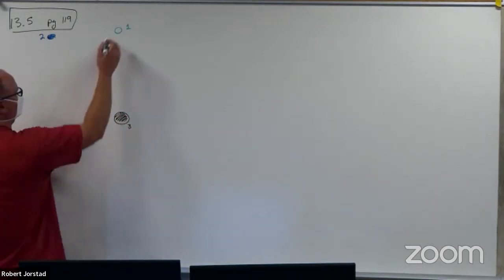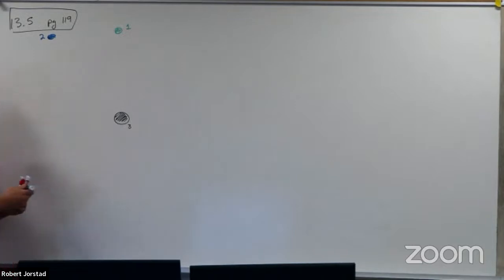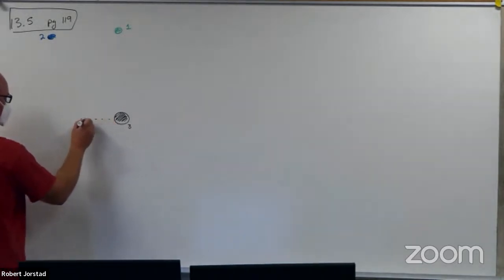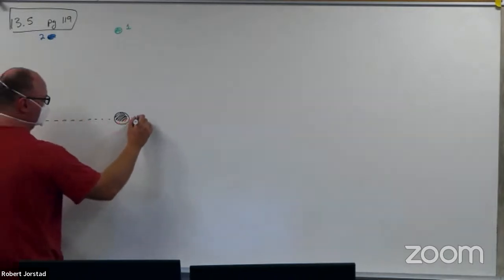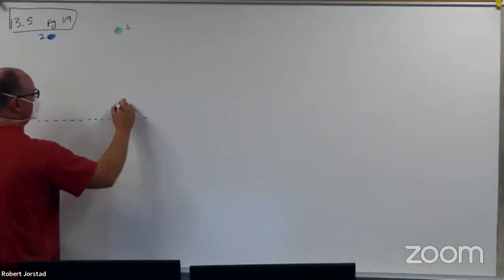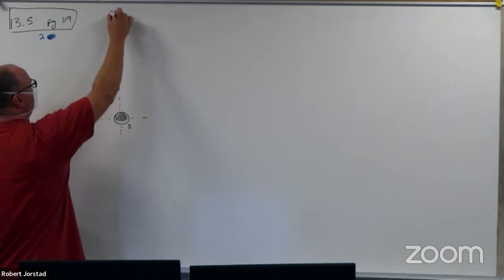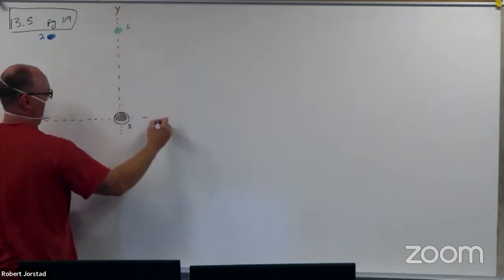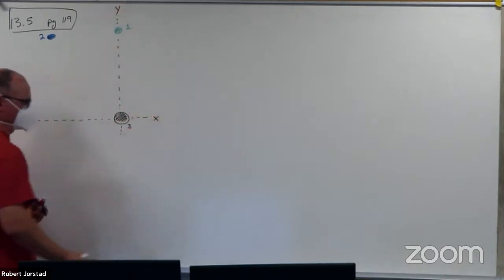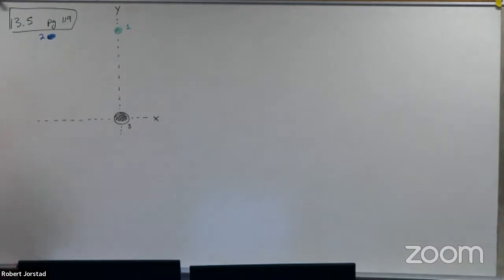We have 3 point masses, and now finally we have to deal with some angles. Let's just start and put a star next to this one. You want to be expert at this, okay? I'm going to assume this is the y-axis and this is the x-axis just for no good reason, okay?